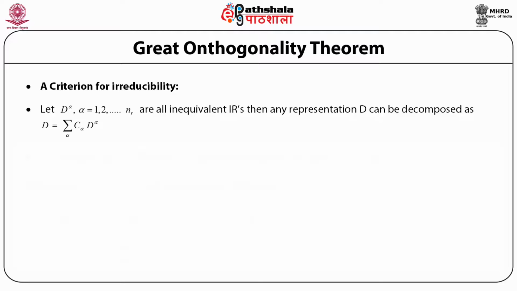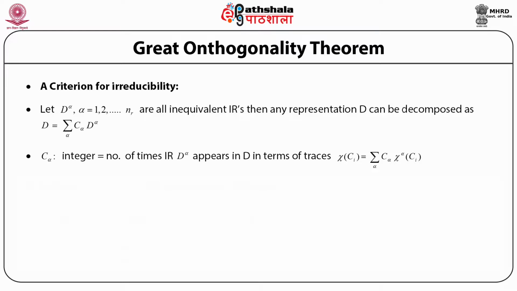Then any representation D can be decomposed in terms of these irreducible representations, that is, D can be written as the sum over all alpha of C alpha D alpha, where C alpha is an integer that gives us the number of times an irreducible representation D alpha appears in the general representation D. In terms of traces, that means the trace, which is the character chi of Ci, is equal to the sum of C alpha D alpha of Ci, where Ci is the ith class in the representation.